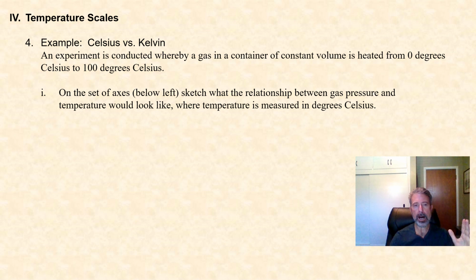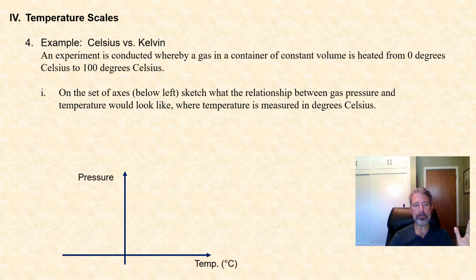degrees Celsius. Now, obviously, you didn't actually conduct this experiment, so you're just going to have to take my word here. But if you were to conduct a controlled experiment, keeping the amount of gas and the volume of gas fixed, where you changed the temperature of the gas and saw how that affected the pressure, what you would discover is that there is a linear relationship between pressure and temperature.